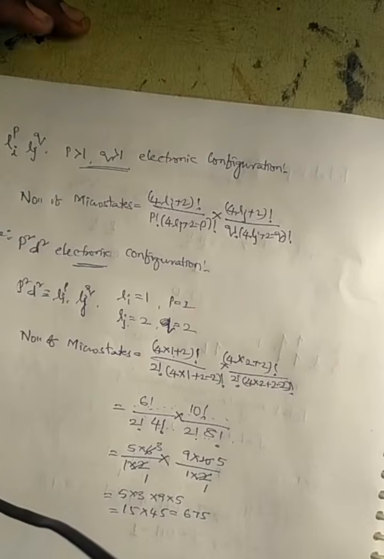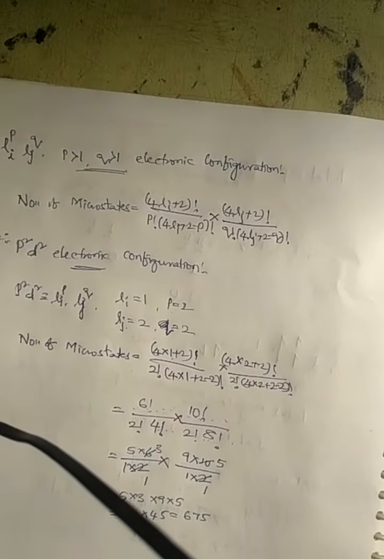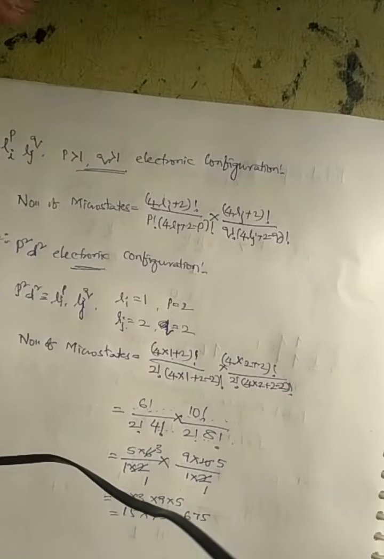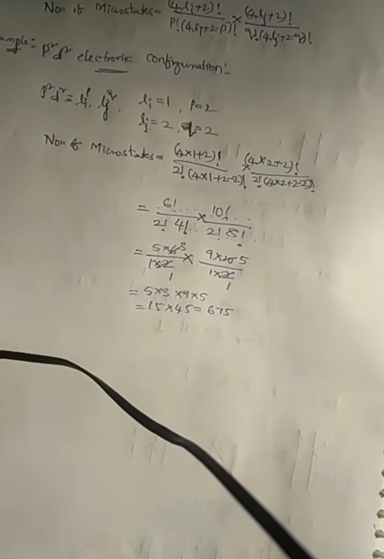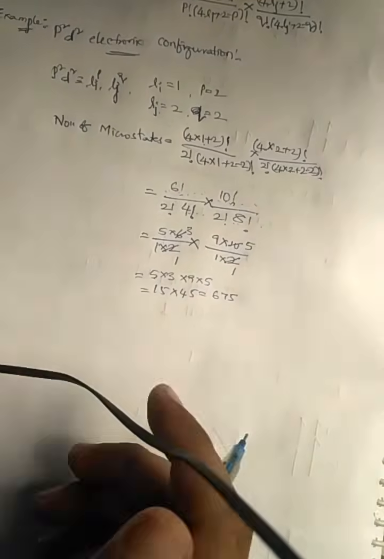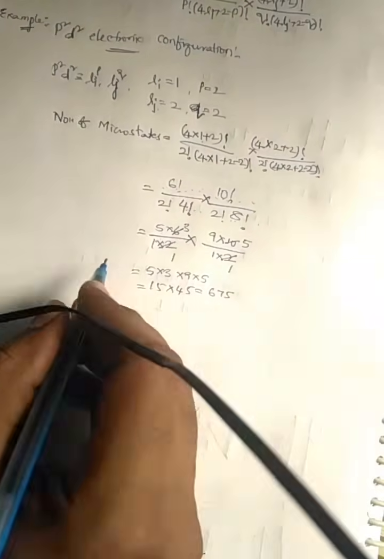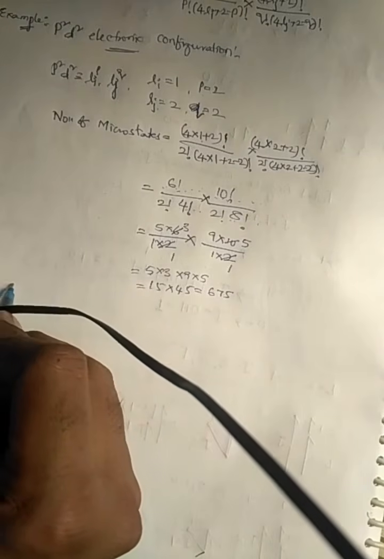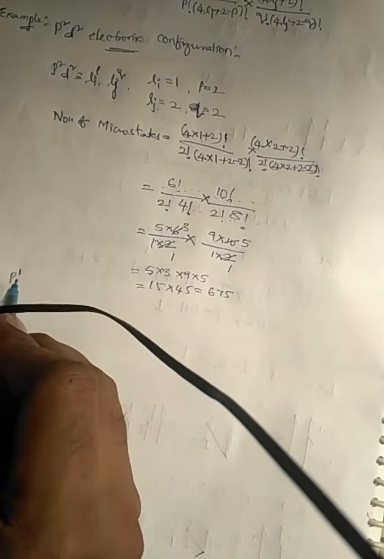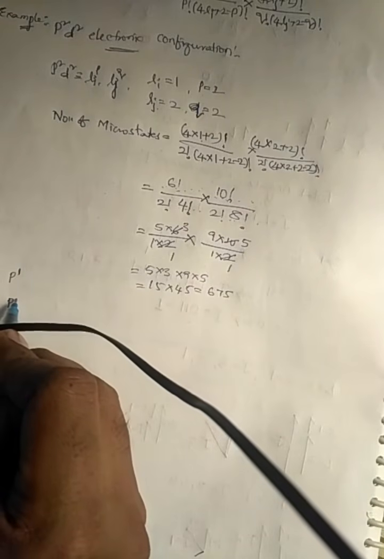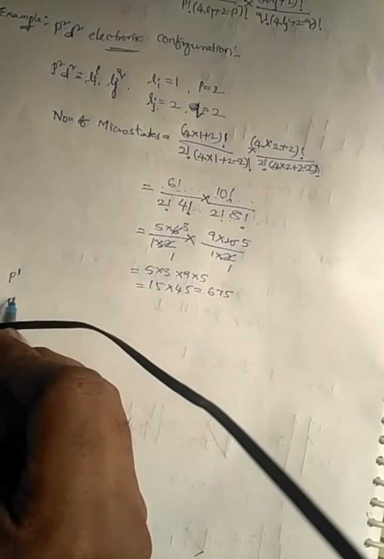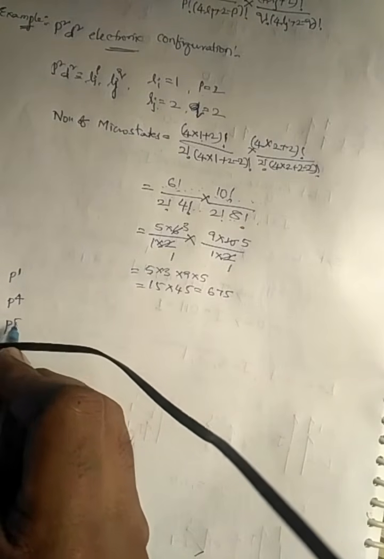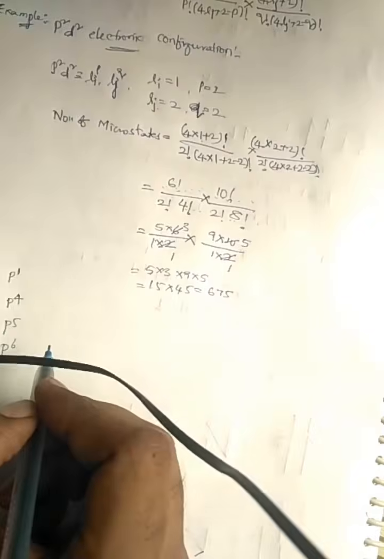microstates. So like this, we can calculate the number of microstates for different types of electronic configurations by using all three formulas, right? After getting all this, you students can calculate the number of microstates for different configurations such as P1, P2, P3, for which I have already given the explanation. So you can go with P4, P5, P6 electron configurations.